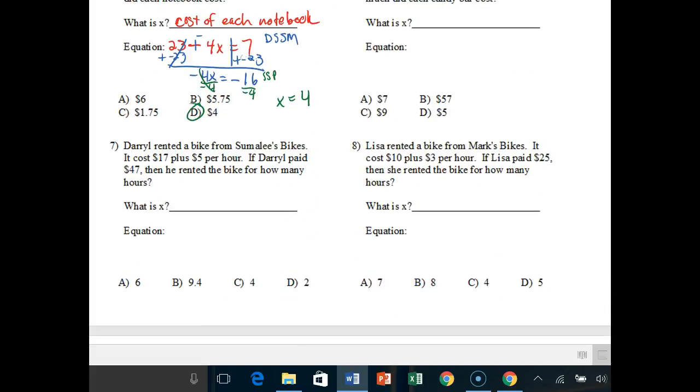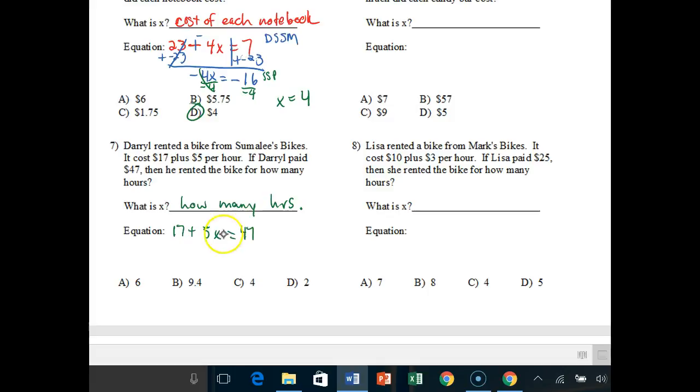Number 7. Daryl rented a bike from Sumale's Bikes. Cost him $17 plus $5 per hour. If Daryl paid $47, then he rented the bike for how many hours? X represents how many hours, right? So we know it's 17 plus 5x. I don't know how many hours, but I know he paid 47, right?